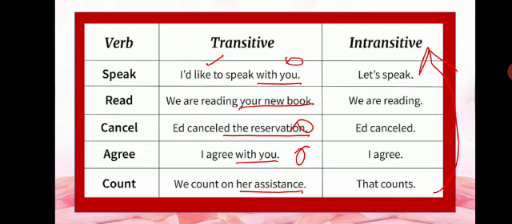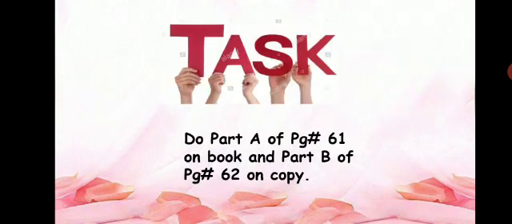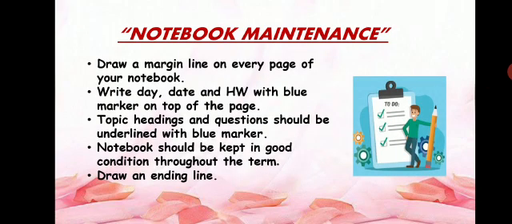Clear, students? Now there are some video links for you which you have to watch clearly, and they will help in memorizing the concept more clearly. Now your task time, students: you have to do part A of page 61 in the book and part B of page 62 in your copy. Now there are some notebook maintenance rules for you. You have to draw a margin line on every page.